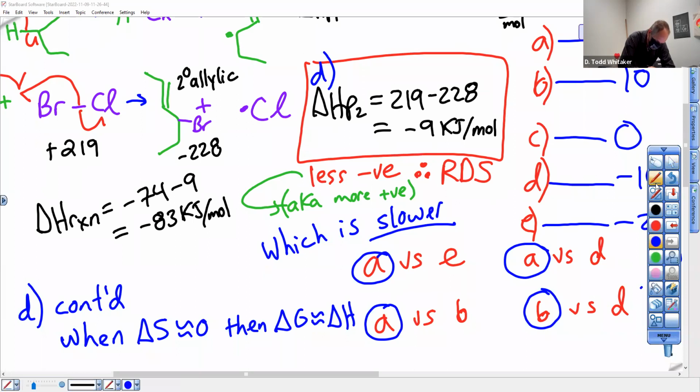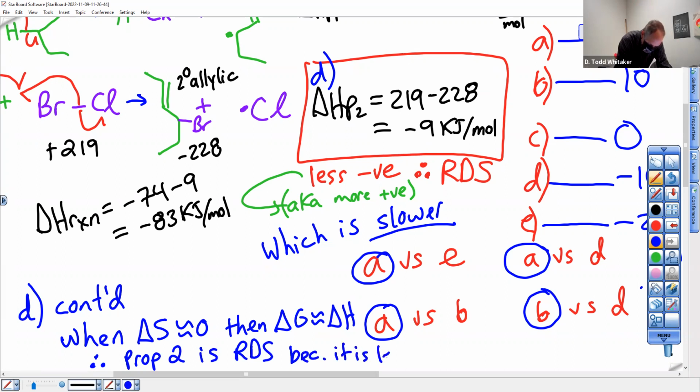Then you say, when delta S is 0, then delta G is roughly delta H. Therefore, prop 2 is RDS because it is less exothermic.